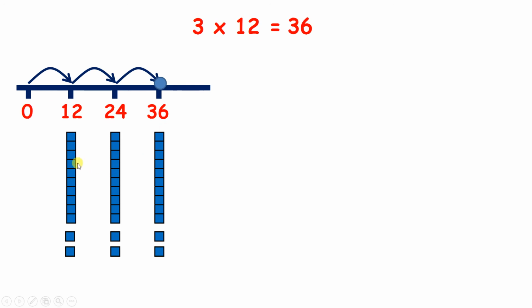Now you could have counted 3 tens to get 30, and then 3 twos to get 6, and then added 30 and 6 to get 36. But the 12 times table is useful to know, so try to memorize your 12 times table in the same way that you have for your times tables so far.